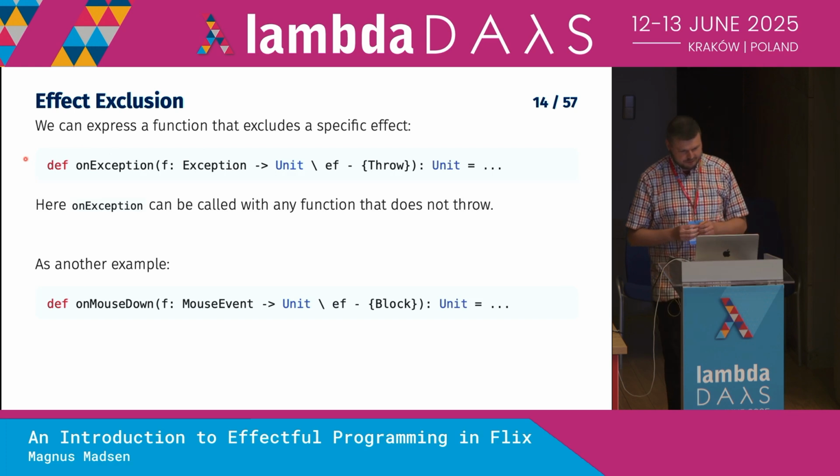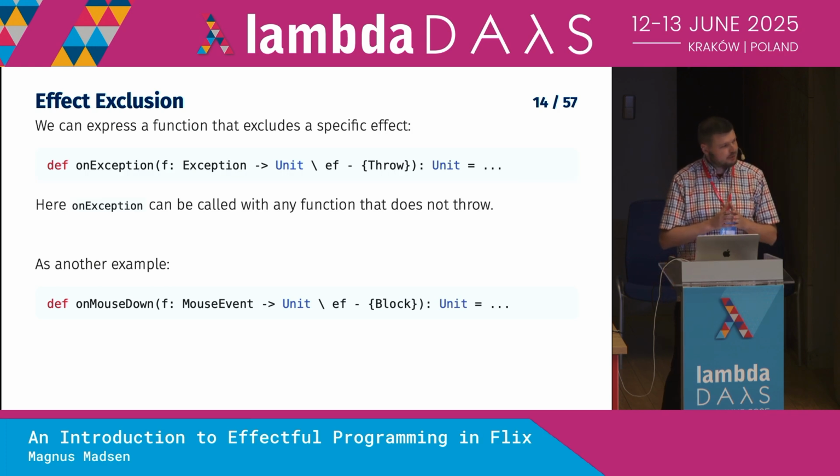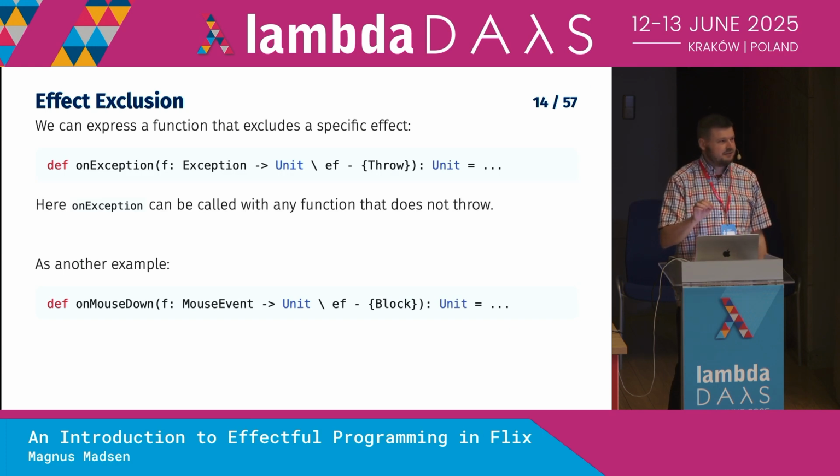Going a bit further, I talked about how sometimes you want to actually prohibit effects. One example could be when we have an exception handler, it would not be good if the exception handler itself can crash. Maybe we want to disallow that. And so we can actually do that. Let's say we have some on-exception function, we register an exception handler, then we can say ef minus throw.